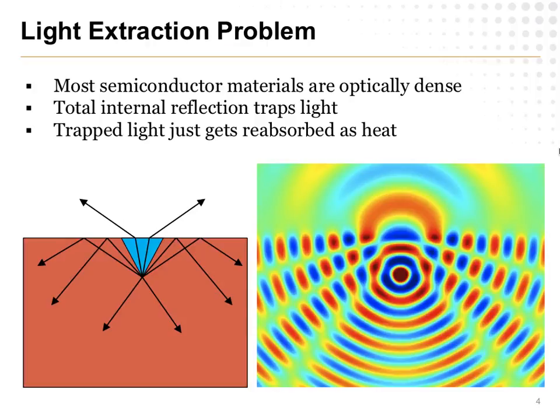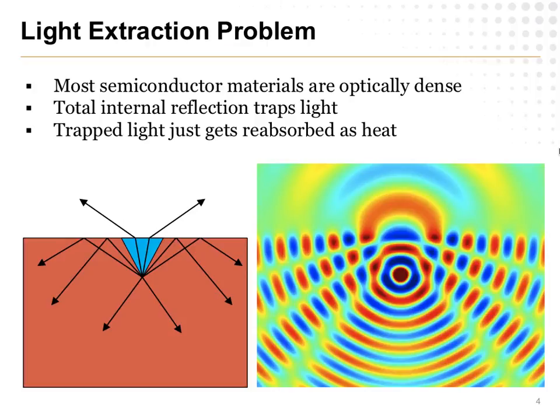But in this context, it's terrible because it means only a handful of your photons are going to fall into that little escape cone. Any other photon outside of it just ricochets off the boundary, travels back down, and probably gets reabsorbed and turned into heat. So that's bad. You need some way to get those photons out of the semiconductor or else they're not going to do you any good.